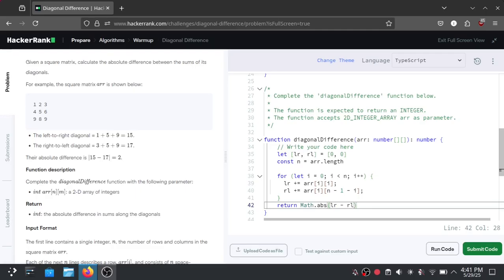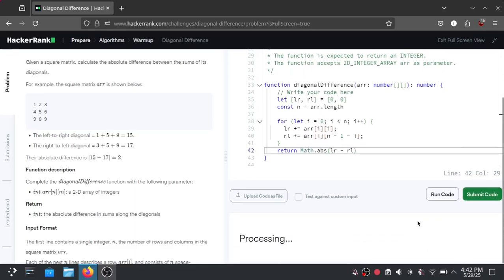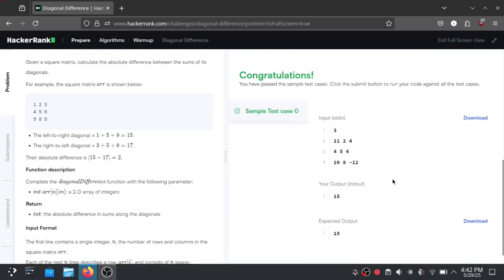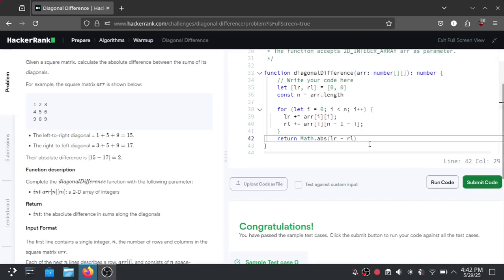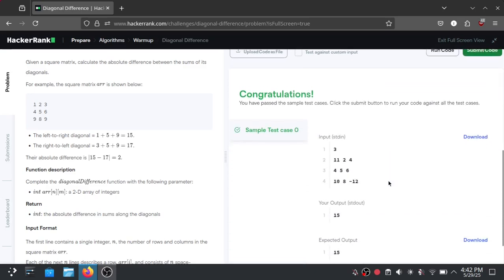I'm sorry for the bad pronunciation. So let's run the code. So for the Math absolute, no matter how the calculation returns a negative number, it will be converted to a positive number.